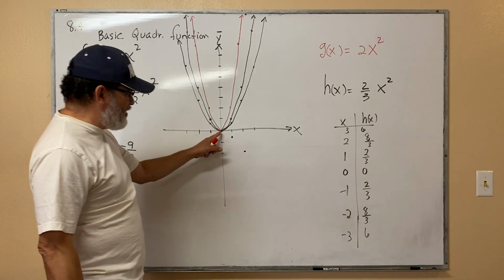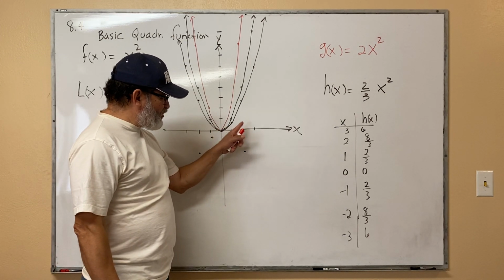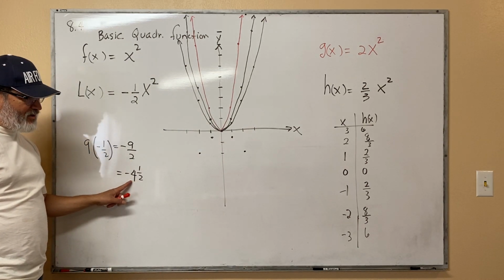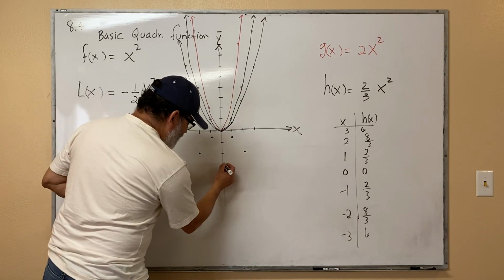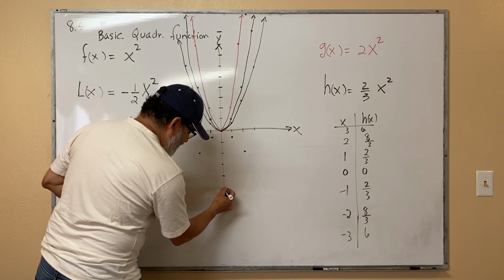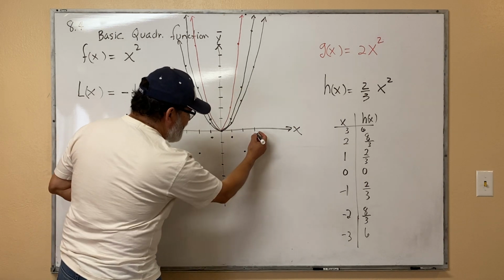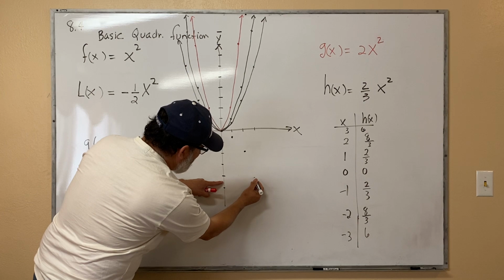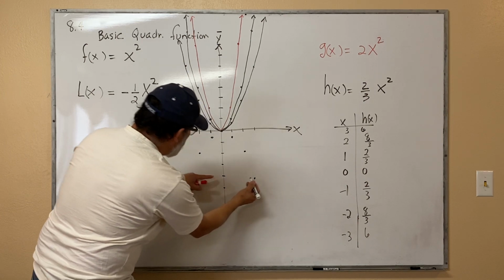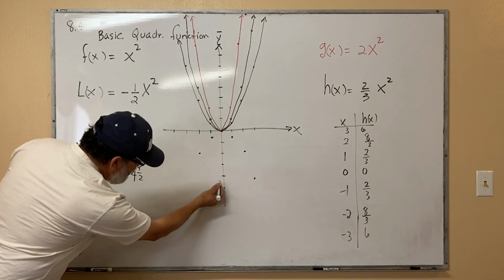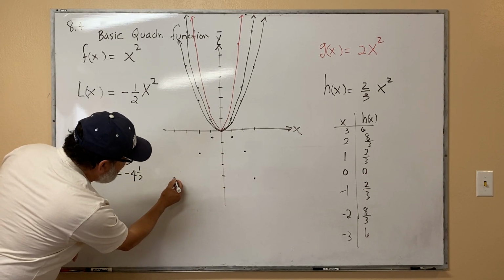So for this one, when x is 3, you get negative 4 and a half. X is 3, negative 4 and a half right around there. X is negative 3, the same thing, right in the middle.